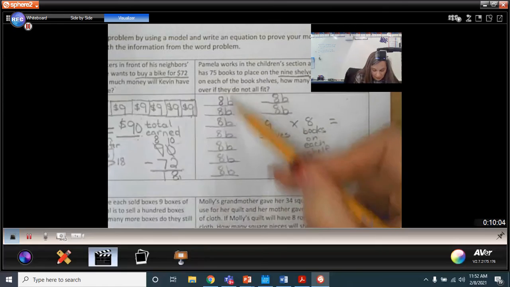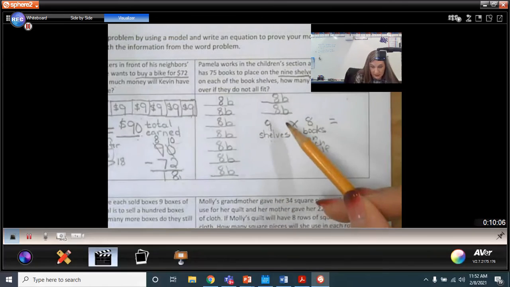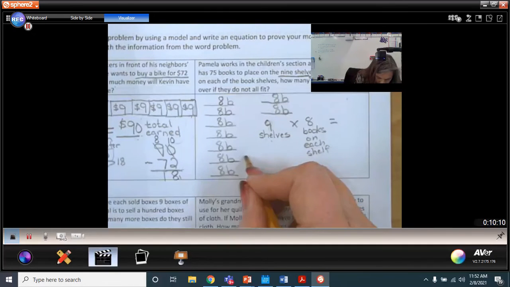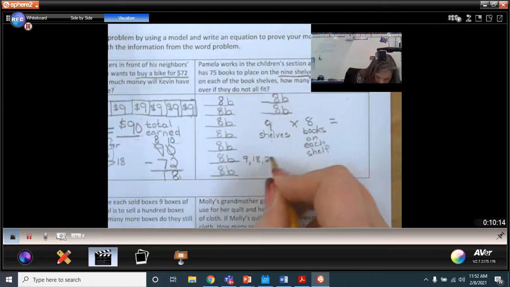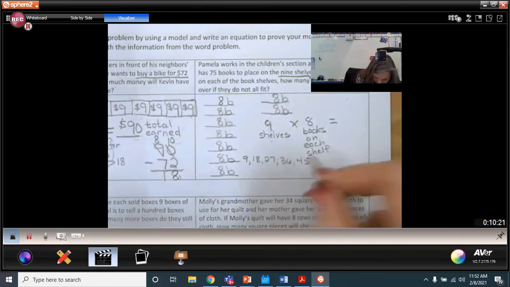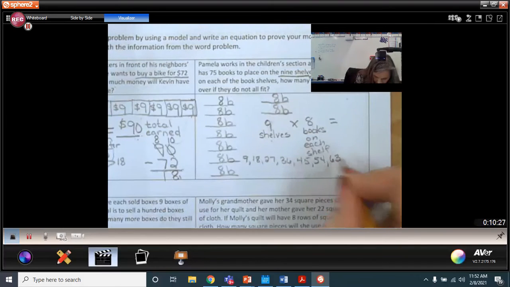we don't have to add all these groups of 8 together. But if we do have to, we could skip count and go 8, 16, 24, 32, 40, 48, 56, 64, and finally 72.